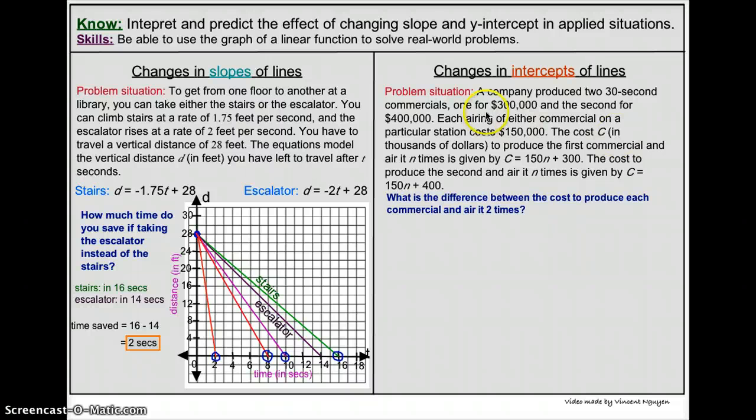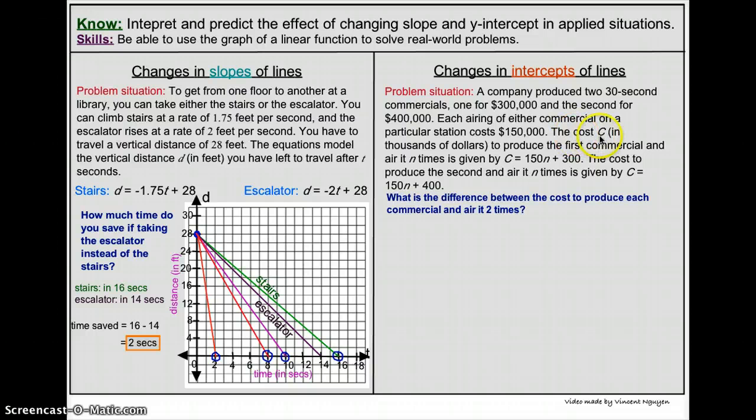In this problem situation, a company produces two 30-second commercials, one for $300,000 and the second for $400,000. Each airing of either commercial on a particular station costs $150,000.